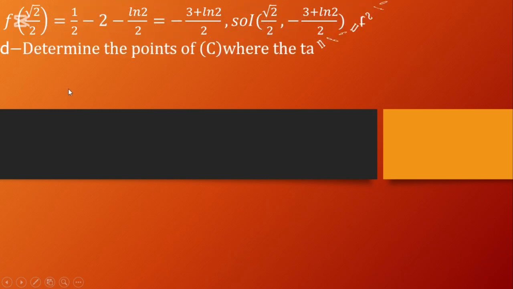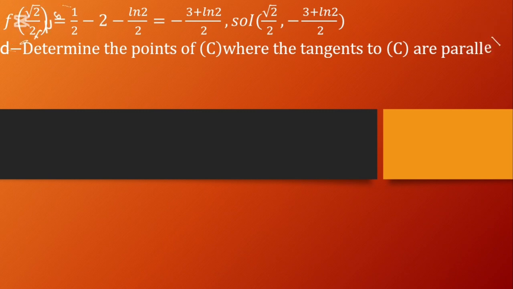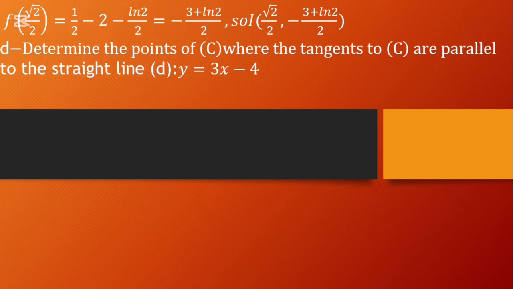Determine the points of C where the tangents to C are parallel to the straight line D: y equals 3x minus 4. Okay, let M be a point on the curve where the tangent is parallel to D. The slope of the tangent, f prime of x, equals the slope of D, which equals 3.